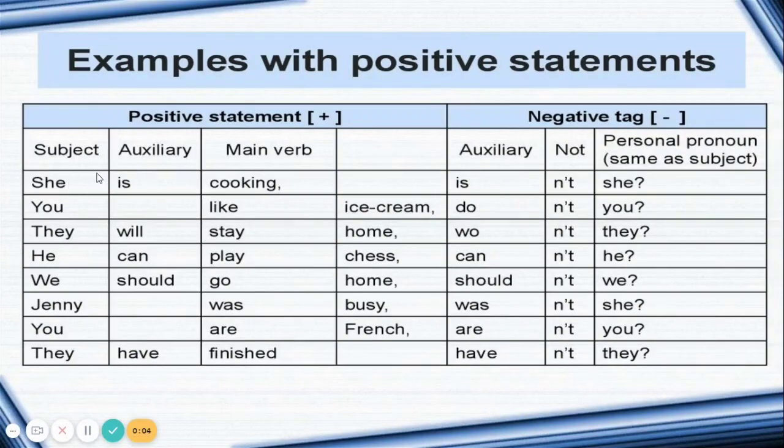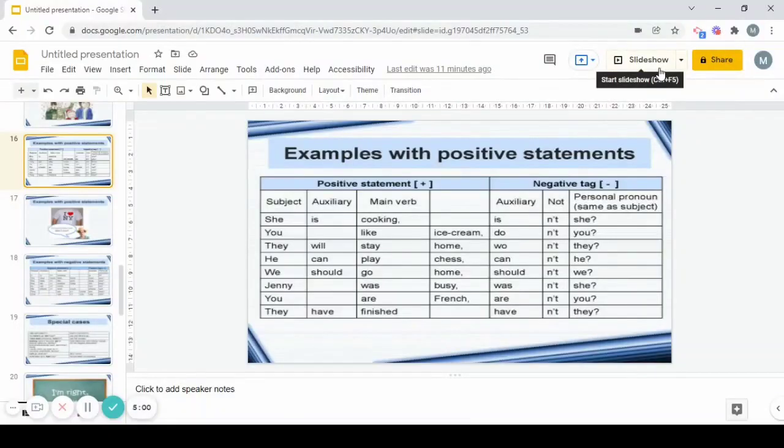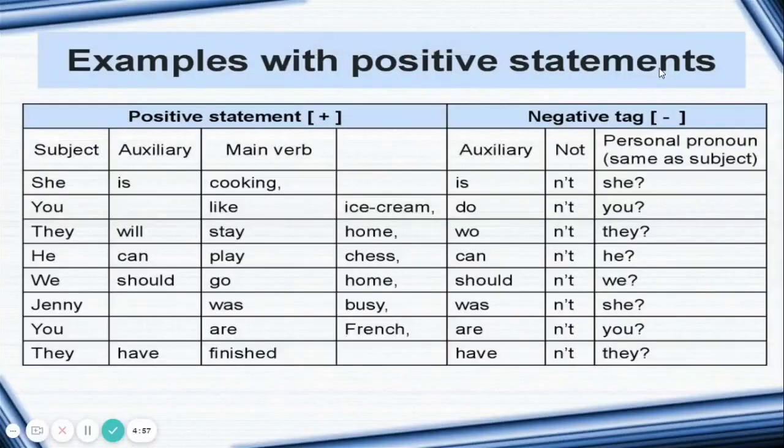Subject means it is related to a noun as well as a pronoun, naming a person or a thing. Now we can see the examples for positive statements. As you all know, the subject consists of pronoun as well as noun. She, you, they all come under subject.